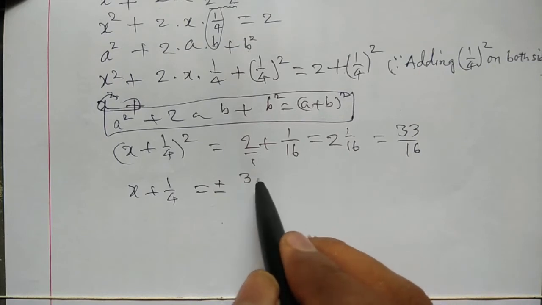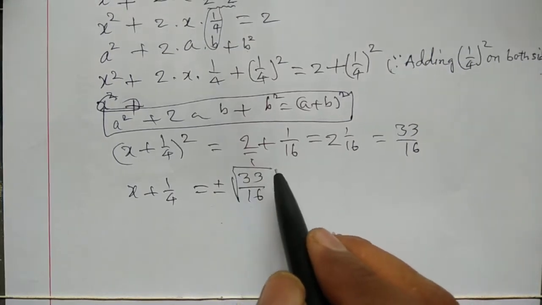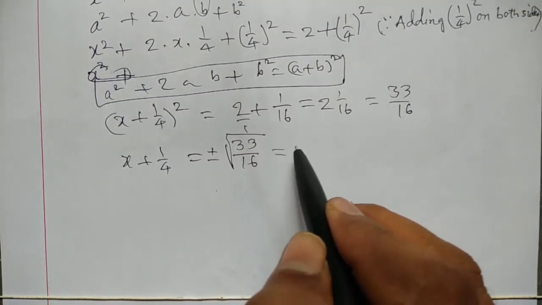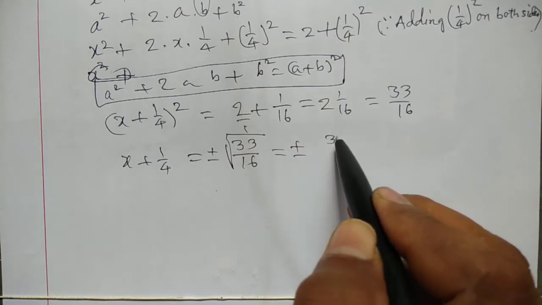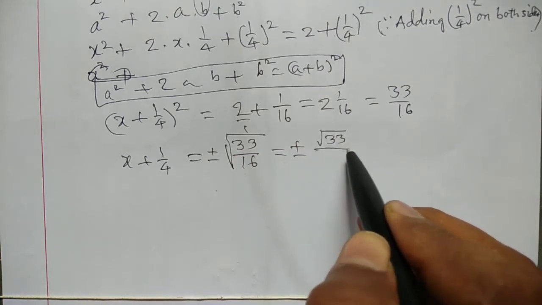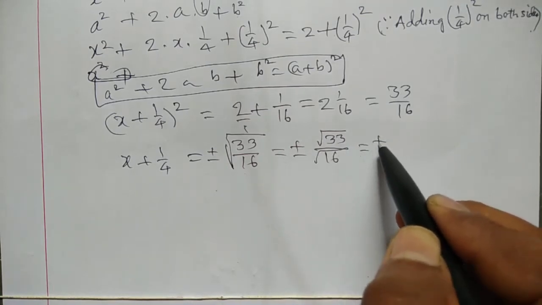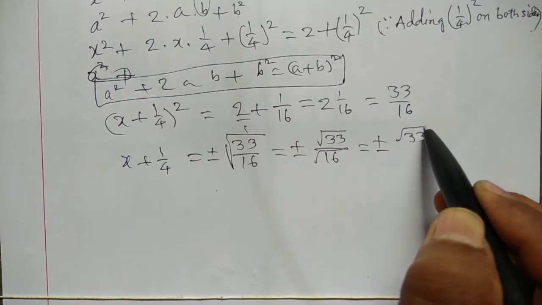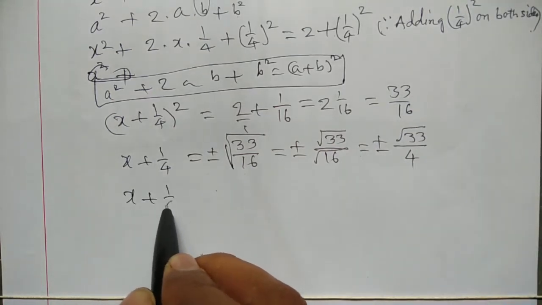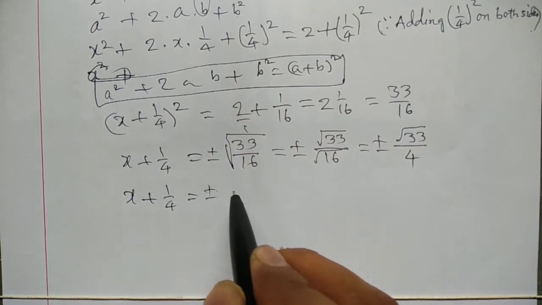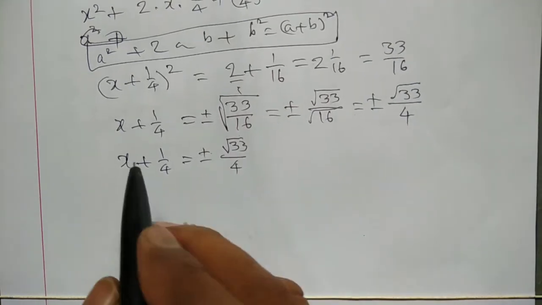The square root of 33/16 is plus or minus √33/√16, which equals plus or minus √33/4.